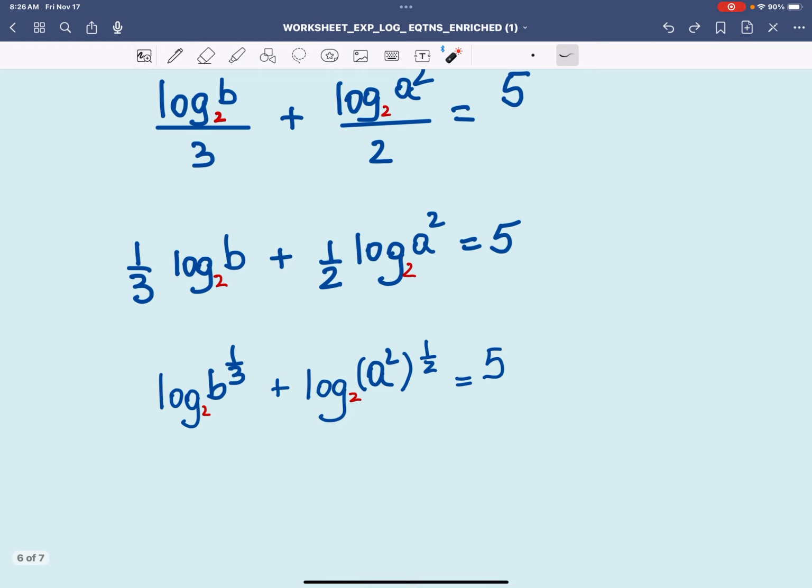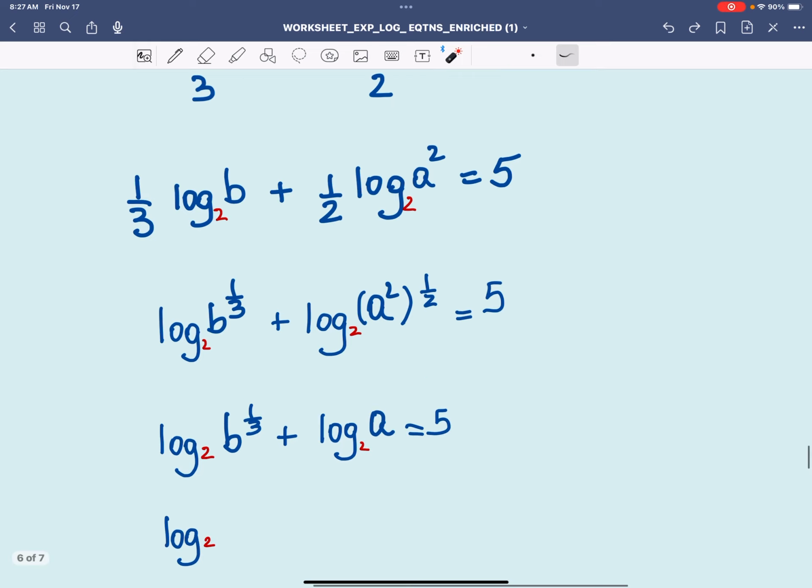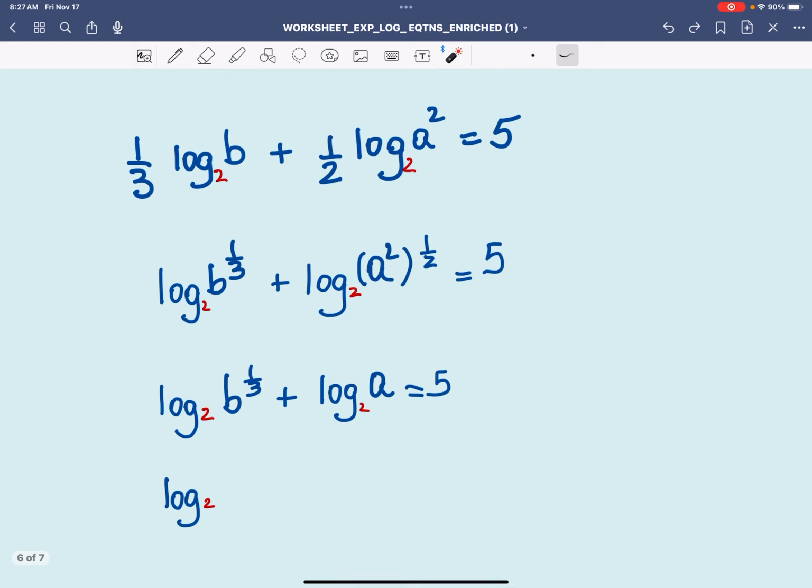So now it's time to celebrate the product law of logarithms. I'm going to bring the two terms together inside a log with base 2, b to the power of 1 over 3, a to the power of 1 equals 5. So we took one more step in here just to make things super clear. And we have log with base 2 of b to the power of 1 over 3 times a equals 5.